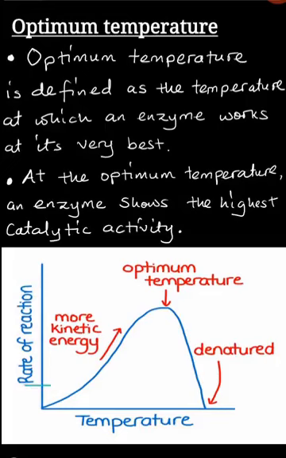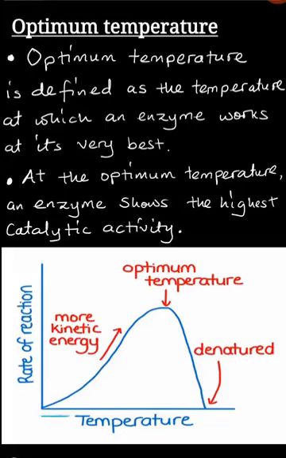Remember, the rate of the reaction simply means the speed of a particular chemical reaction. So on the x-axis, we have the temperature. So when the temperature is at 0, or when the temperature is at its lowest, here an enzyme is inactive. It is not active at this particular rate.